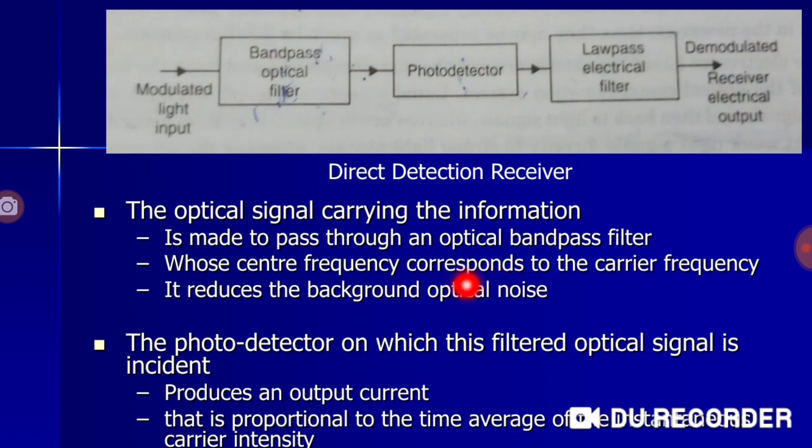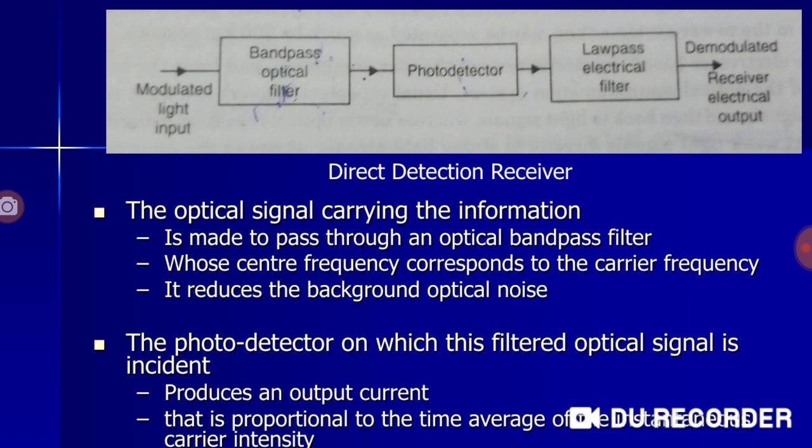Only this, that the noise or the unwanted frequencies are removed, and the exact optical signal that is required, which actually contains the information, should be put into the photodetector so that it can be correspondingly converted to electrical signal without the noise or unwanted signals that are also being carried along with the received signal. So for removal of those unwanted frequencies or signals, this band pass optical filter is taken.